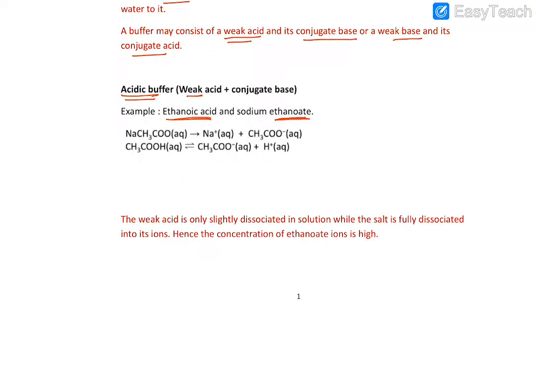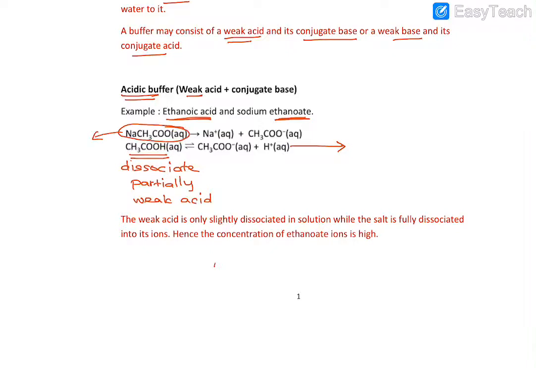Ethanoic acid, because it is a weak acid, would dissociate only slightly. And the conjugate base, the ethanoate ion, here you have the salt.